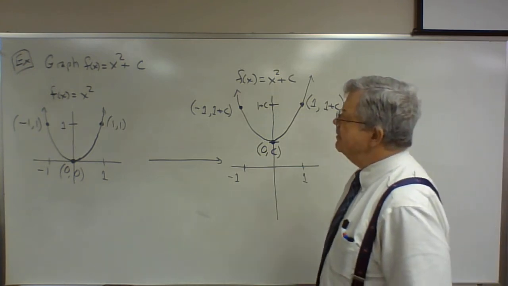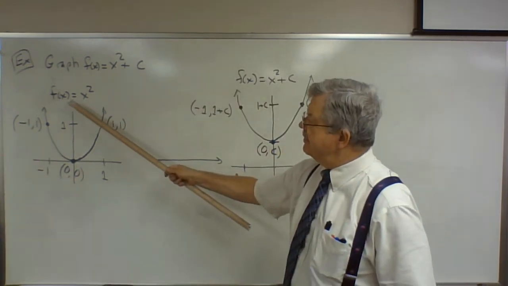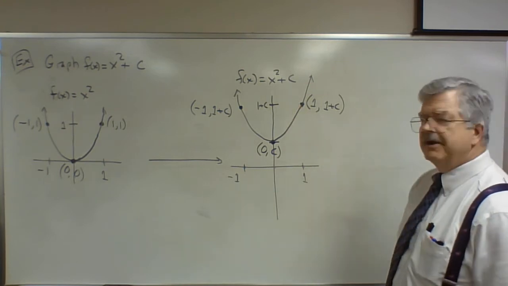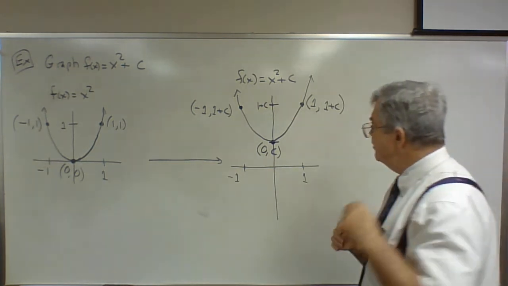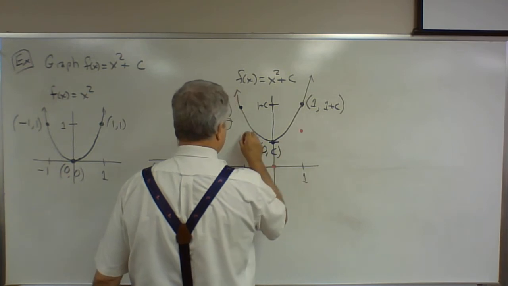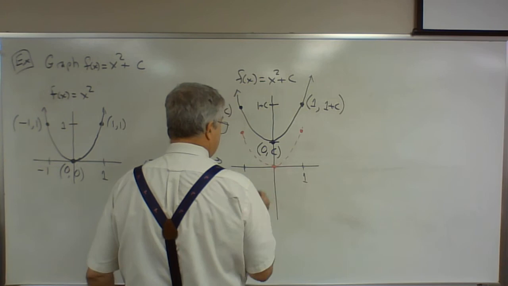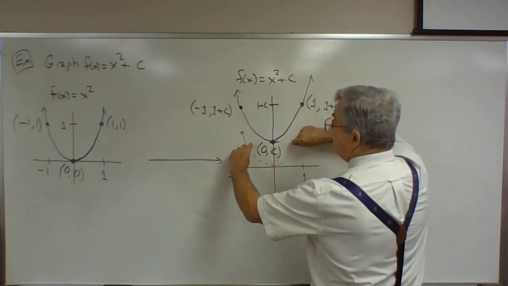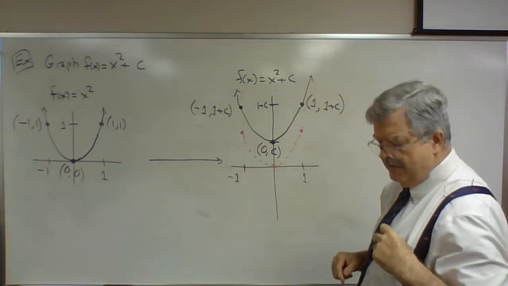Now, what happened when I took the graph of this function and I added c to the y-coordinate? Didn't I just take the original function and grab the graph and move the entire graph up c units?